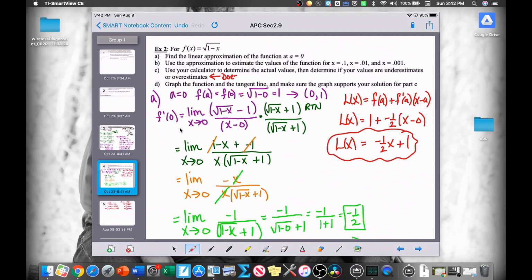So let's write that down. Does L of x give values bigger or smaller than f of x? So that's the question that we're trying to answer here. That would tell us if our values are underestimates or overestimates.